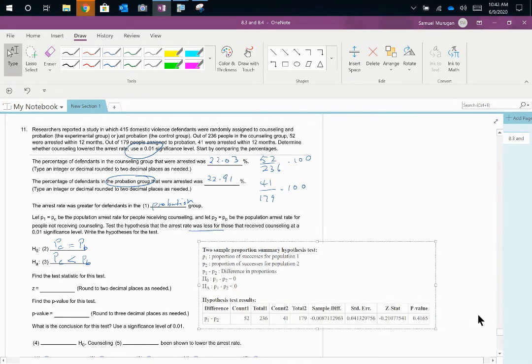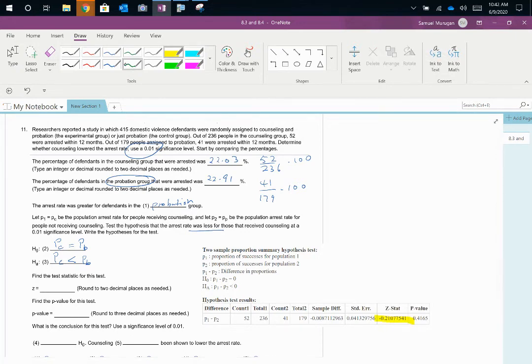All right, here we go. So this is our printout. The Z stat is right there, negative, to 2 decimal places, 0.21, and the p-value to 3 decimal places is 0.417.